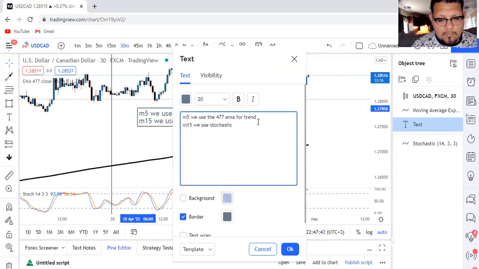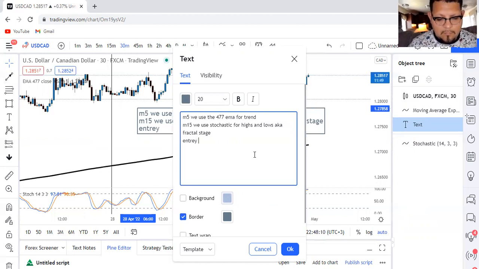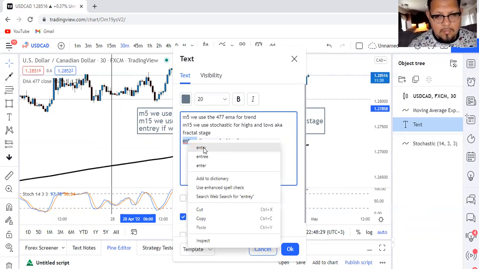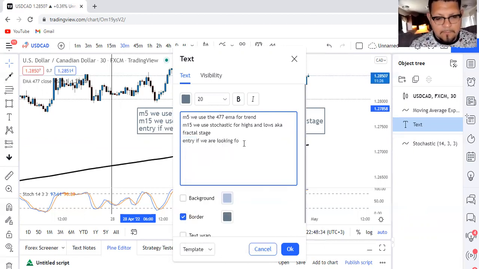We use the stochastic for aka fractals. Fractals. Entry if we are looking for sales.